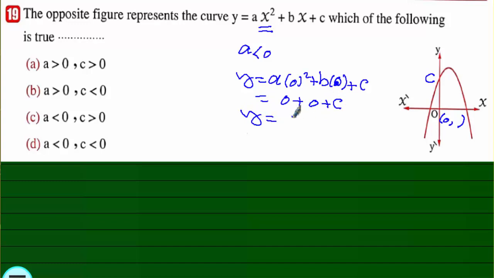So y equals c. This point is 0 and 0, the origin, but this point is 0 and c.